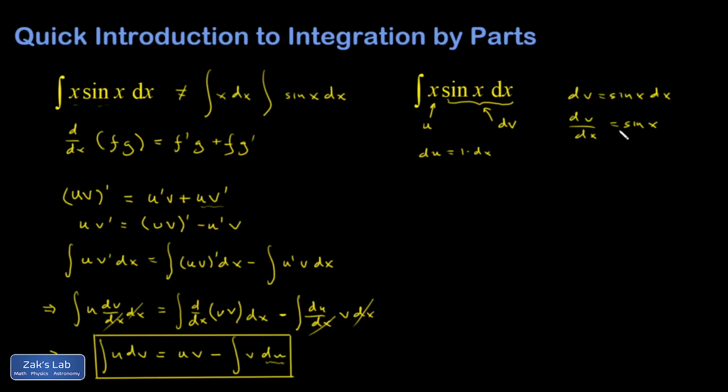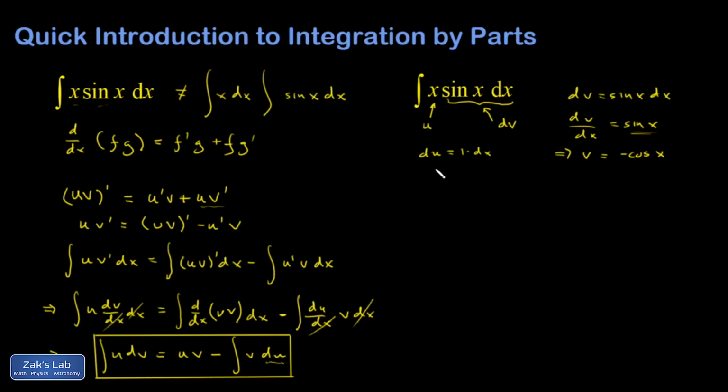The derivative of v is the sine function. So in other words, to get v, I want to find the antiderivative of that piece. And that's negative cosine x. So in the future, whatever my dv is, I just ignore the dx stuck onto it, and I find the antiderivative of the other piece to get v.